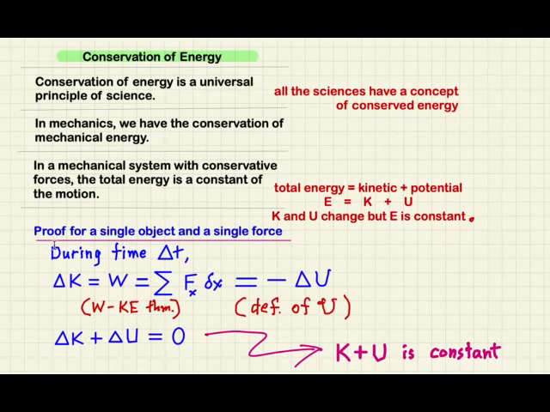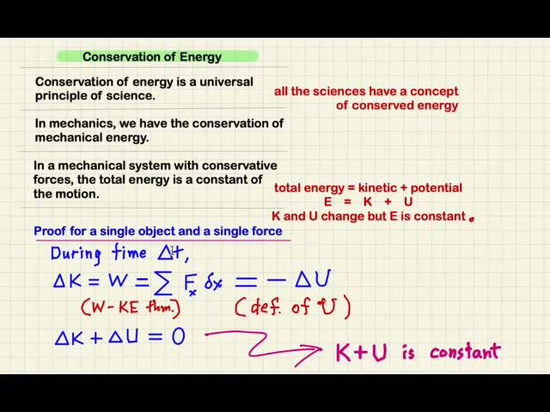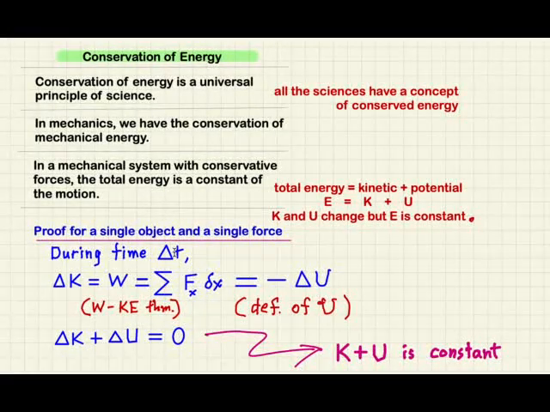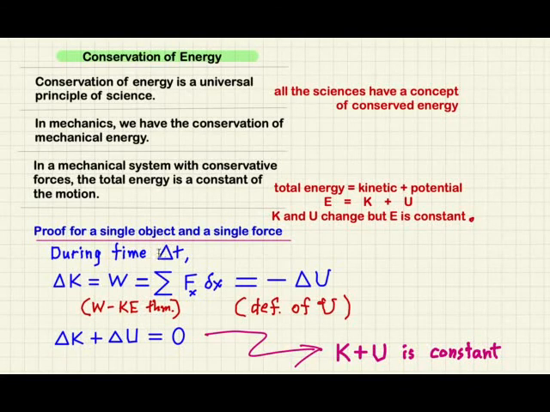Now consider the change that occurs in this system during a time delta t. Remember, we always use this delta notation, where delta, the Greek letter delta, stands for the change of some quantity. So delta t is the change in time. Maybe you're looking at a motion which takes place over a period of 60 seconds.